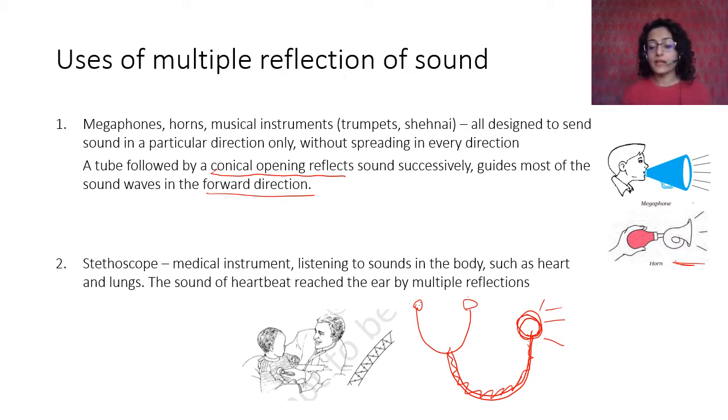But other than that, if you really want to hear the heartbeat properly, you need to be able to magnify it, or amplify it, use all the energy that is being given out by the heart while it's beating, the sound energy of the heartbeat, and use it to hear it, instead of losing it to the environment. Okay, so that is the use of a stethoscope. So the sound of the heartbeat reaches the ear by multiple reflections.